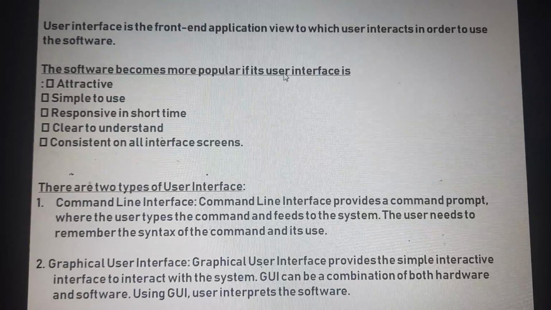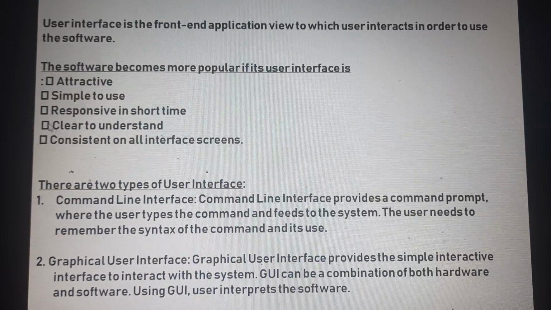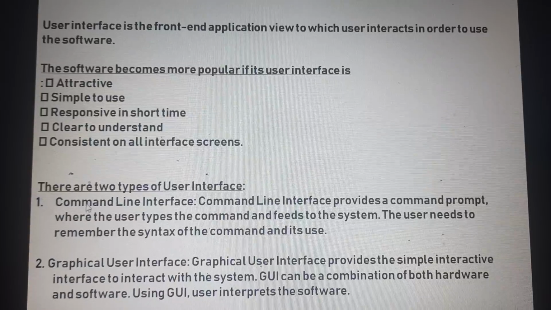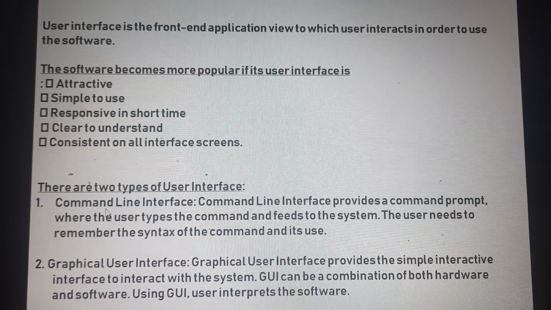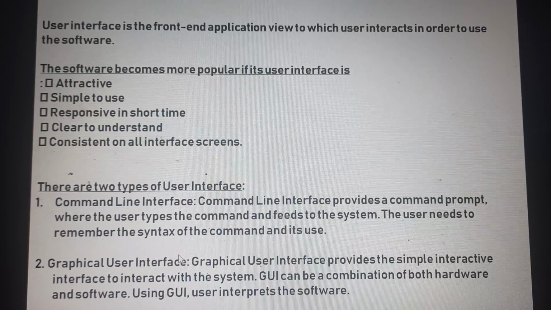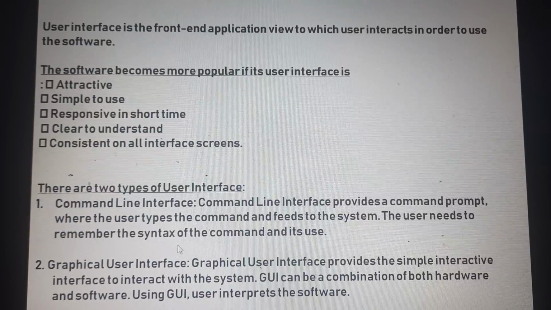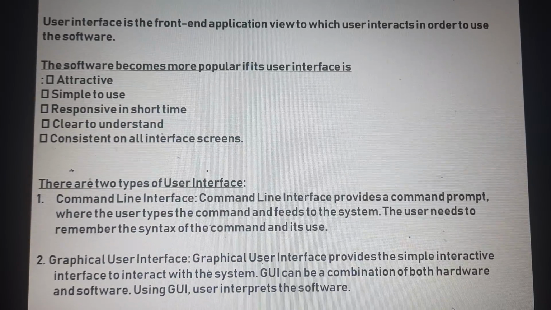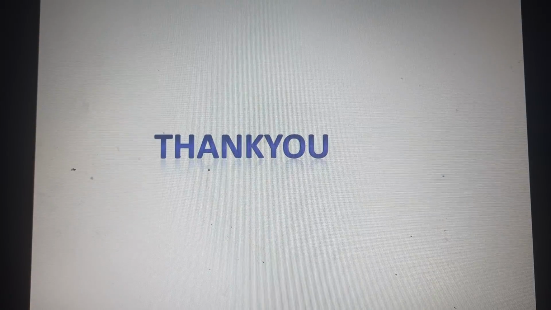Again, you can write what the meaning of user interface is. There you can write two types: command line and graphical user interface. So when you get the question, you can add this information to your answer.